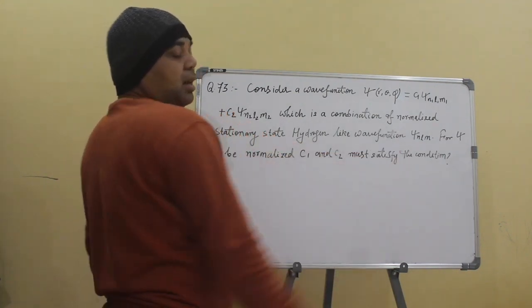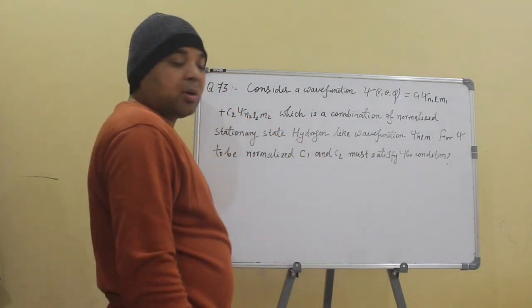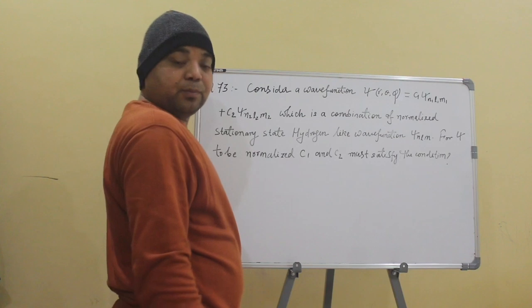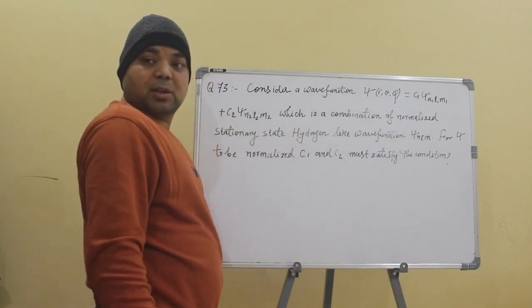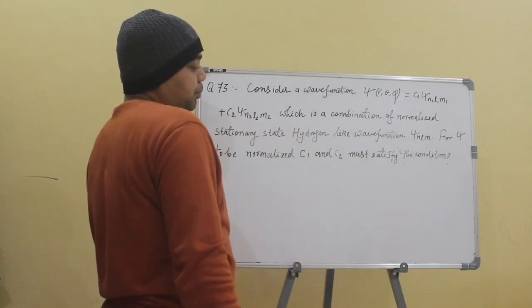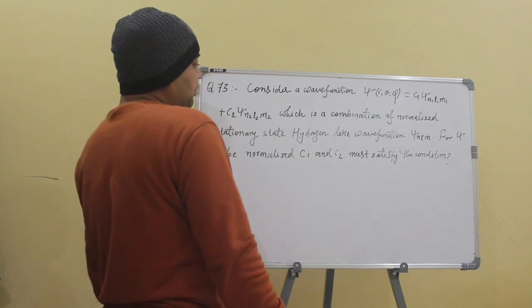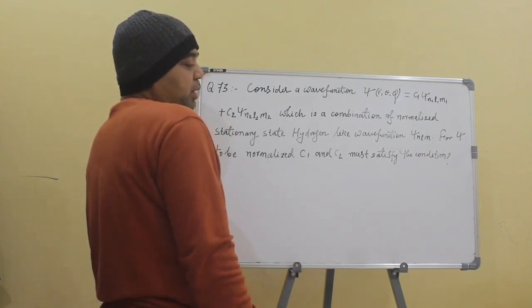You know that n, l, m are the principal quantum number, the azimuthal quantum number, and the magnetic quantum number. So for a spherically symmetric system, the wave function is specified with n, l, and m. For psi to be normalized, C1 and C2 must satisfy the condition.